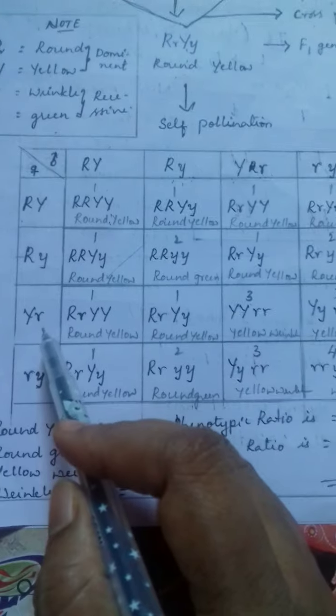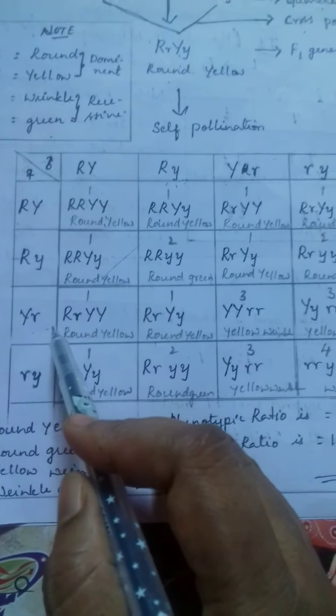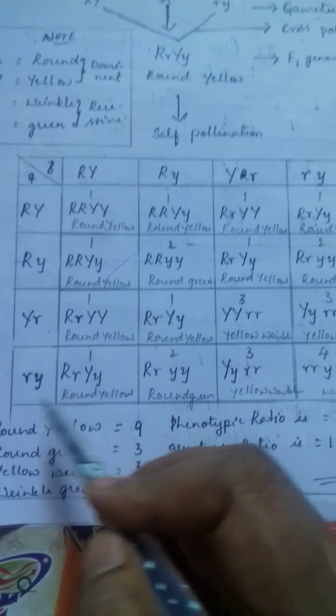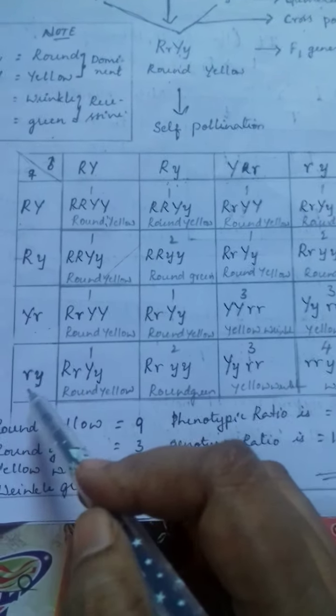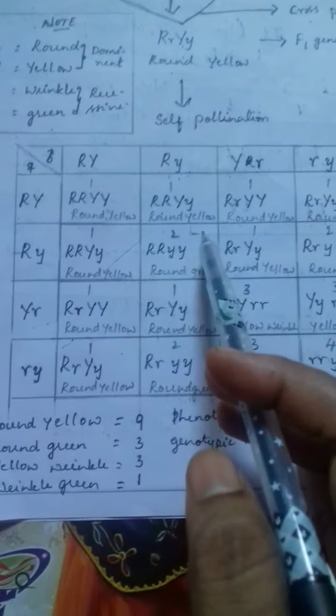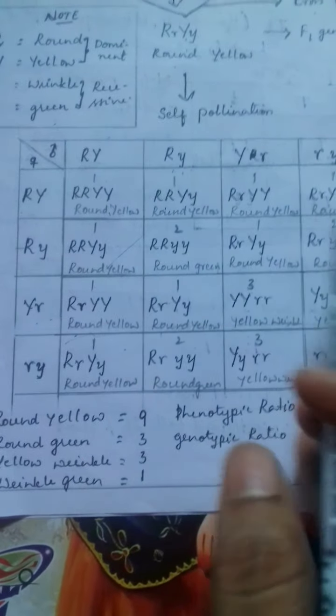See here, capital Y and small r. This is a capital R and a small r, and a capital Y, and here also capital Y. By making all these, we define the character based on the capital letters.